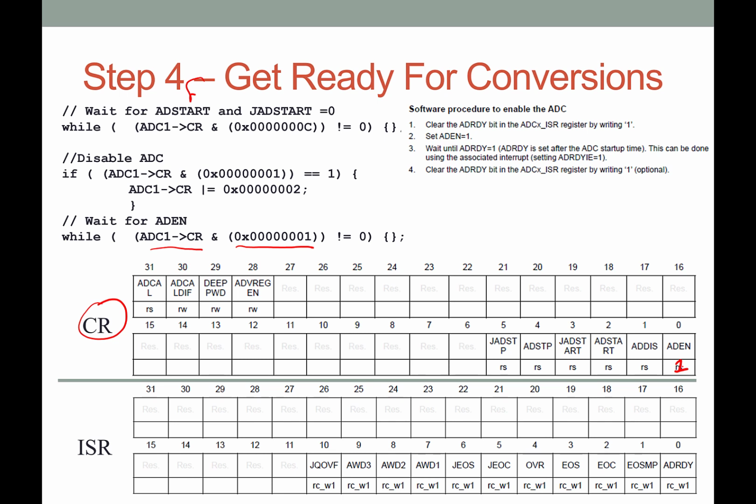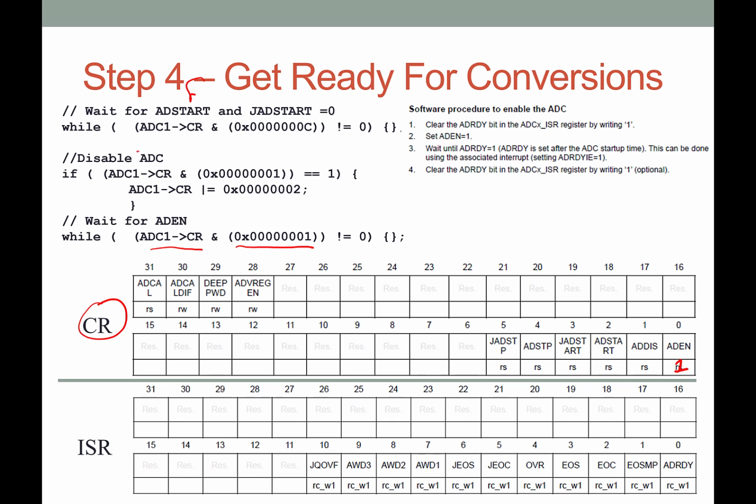So if it is equal to 0, then exit out. And so that's what happens once it enables. Once it has been enabled, then everything will be okay, and it would exit out.